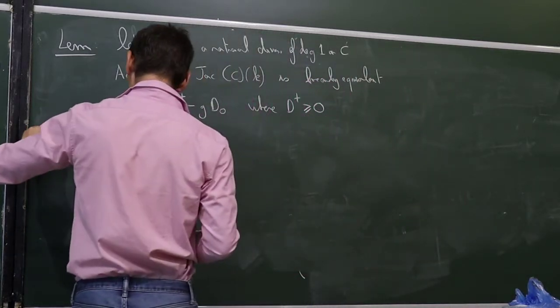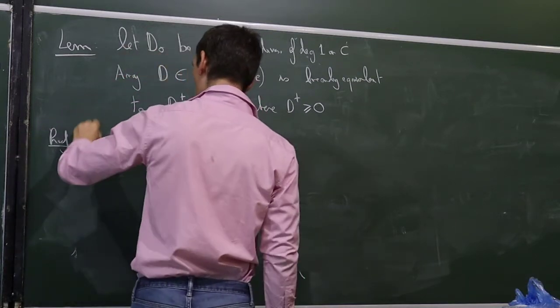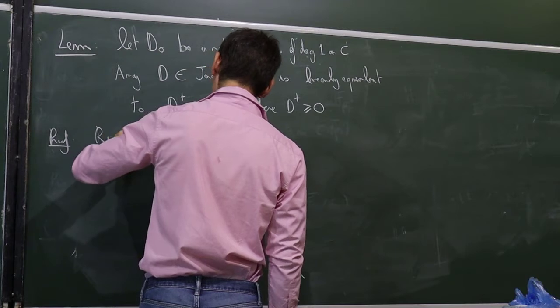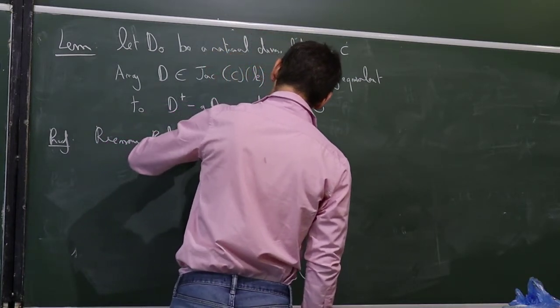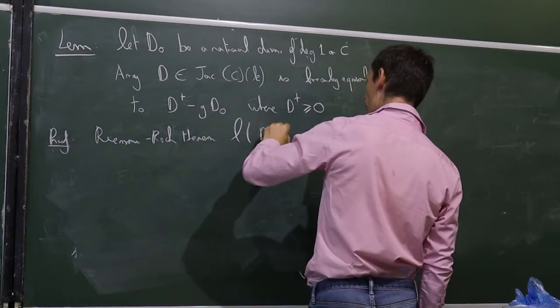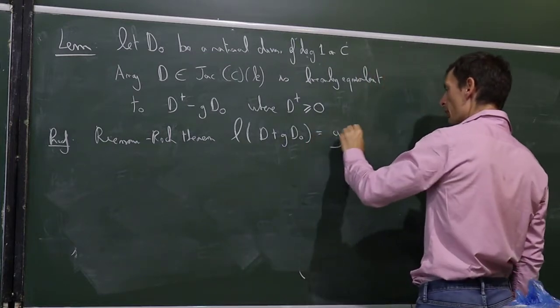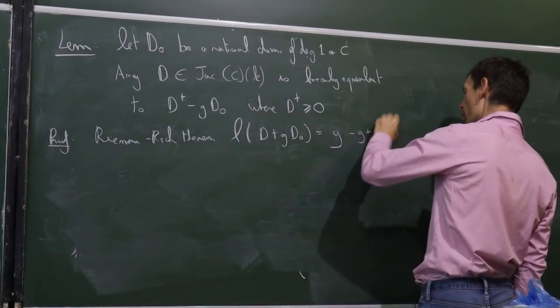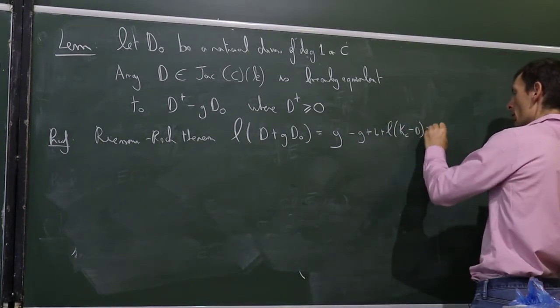And the proof is super short. Just apply the Riemann-Roch theorem. Because if you look at L of D plus g times D0, the degree is g, minus the genus plus 1, plus a contribution that I don't care about.